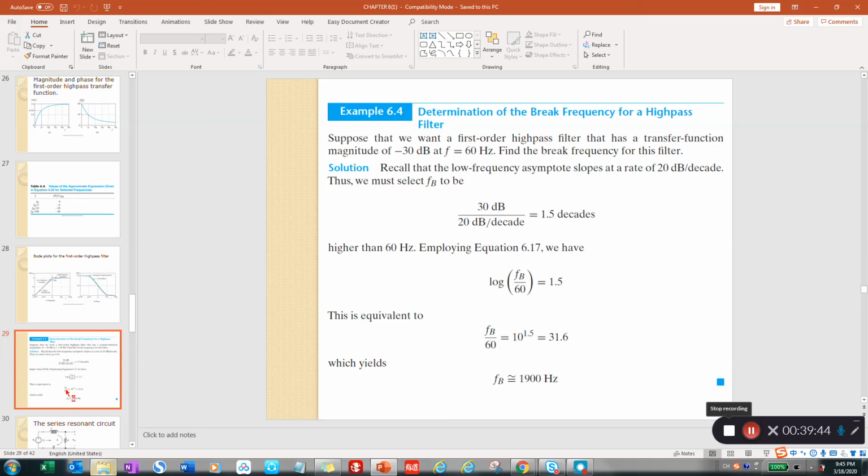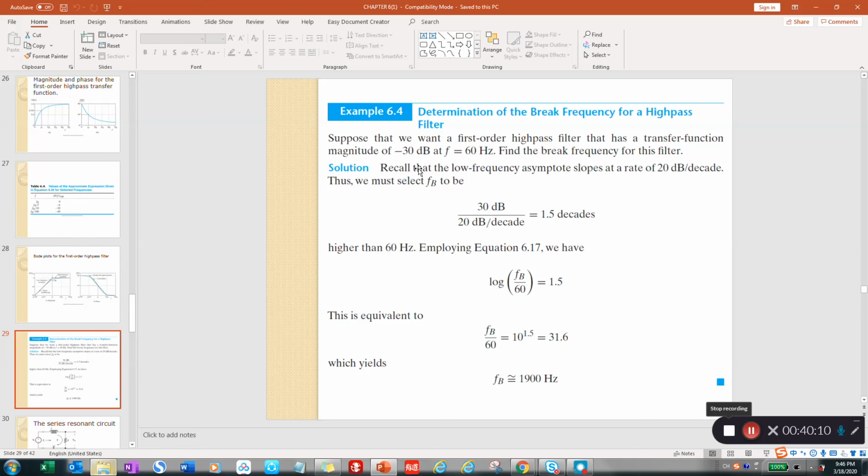First we know this is a high-pass filter, and at f equal to 60 Hz, you have a magnitude of negative 30 dB. It means that this 60 Hz is less than the break frequency, because this is a high-pass filter. At the break frequency, you have 0 dB.